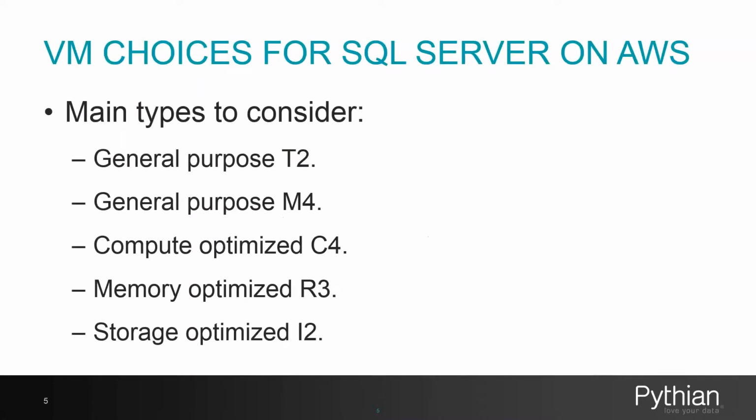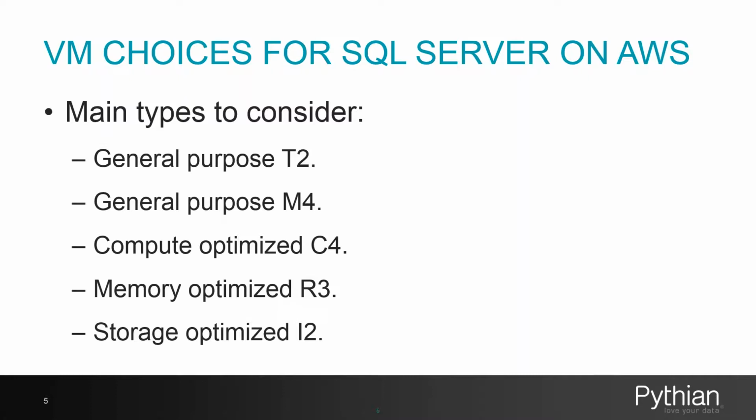So the main thing to consider for the Amazon choices for VMs for SQL Server is that there's a lot of different types of VMs, and they're all kind of optimized for different things. So I'm going to go through these types here. For example, we have general purpose T2, and it's not really built for high performance, but it's a special case.